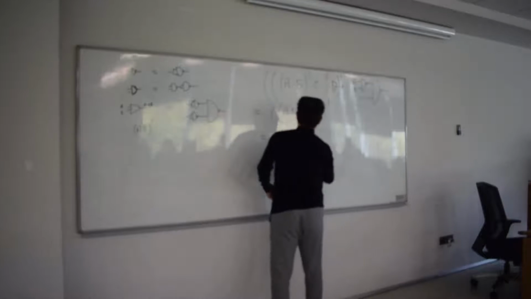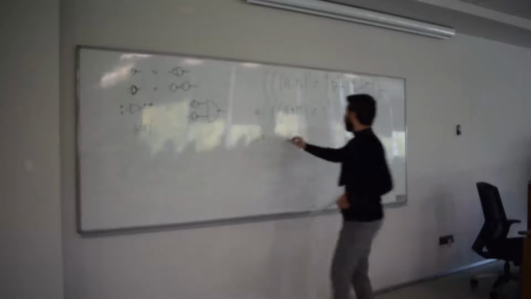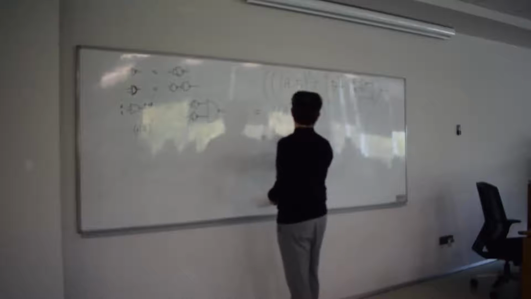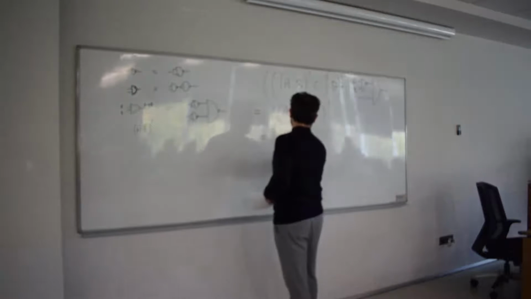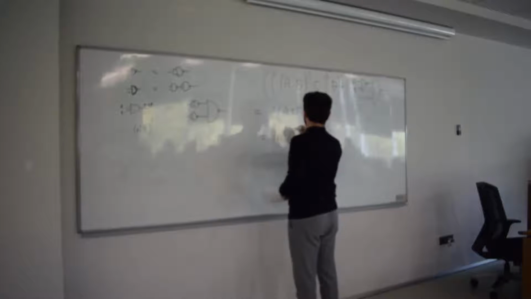So let me just come back here and implement this instead, okay? In other words, I have A prime C, right? C plus A prime, I'm sorry, B prime C, right?